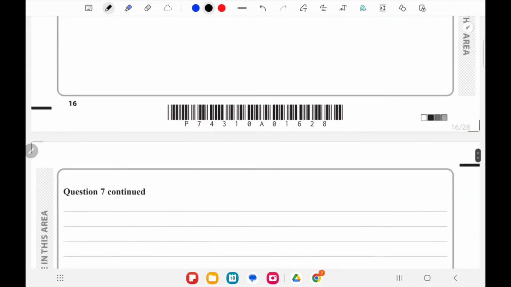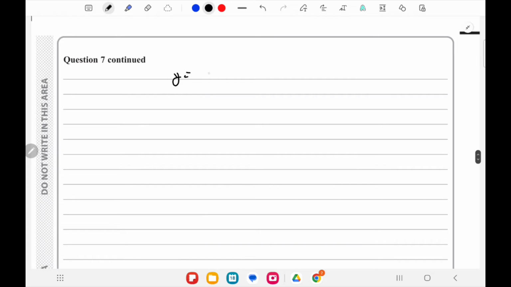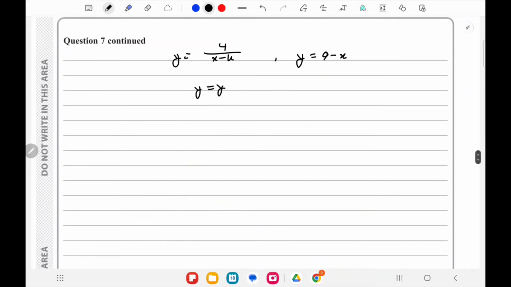So the first equation is y equals 4 by x minus k, and the new equation is y equals 9 minus x. So for them to intersect, y equals y. So 4 by x minus k equals 9 minus x. Now we can multiply both sides by x minus k. We'll get 4 equals 9 minus x into x minus k.